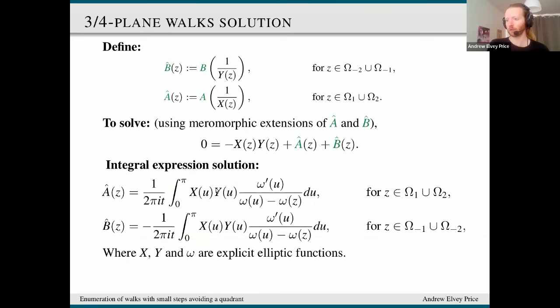In particular, we get explicit integral expression solutions, as shown here, where, I haven't defined omega either, but each of x, y, and omega is an explicit elliptic function. That's, albeit explicit, slightly too complicated to define on one or two slides.